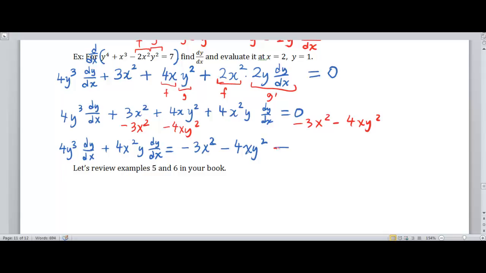And then the next step is to factor out the dy/dx. So when I pull out a dy/dx from the left side here, what am I left with on the inside? Well, there's a 4y cubed left, plus 4x squared y, and then there's a minus 3x squared, minus 4xy squared.